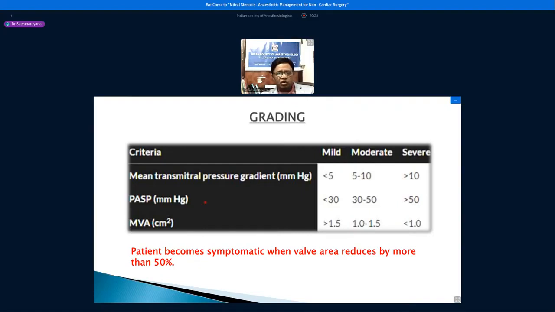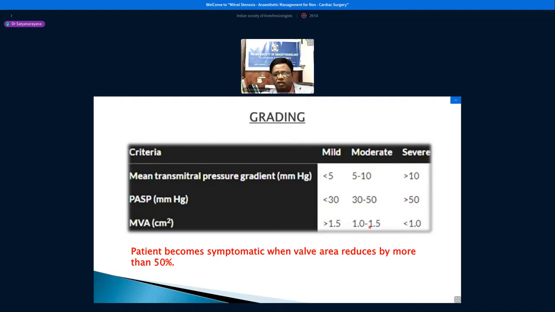Then another important point to stress is the mean transmitral pressure gradient versus mitral valve area. The mitral valve area, whatever the stage, is static. There won't be further change. Whereas the transmitral pressure gradient is dynamic. For example, suppose the patient is in the moderate grade as far as the valvular area is concerned, let's say about 1 to 1.5 square centimeters.